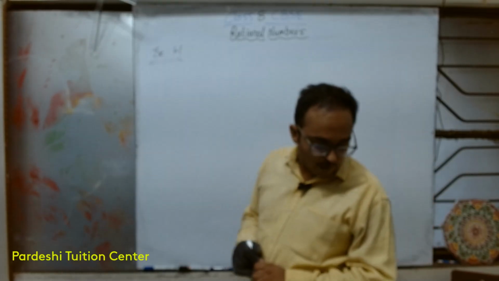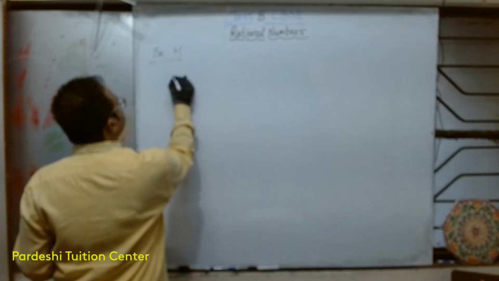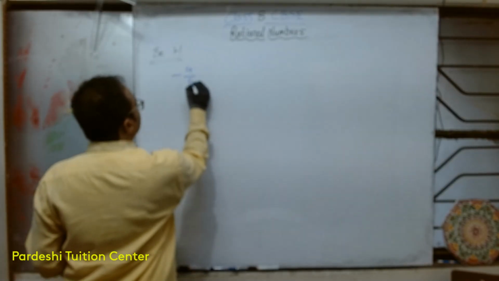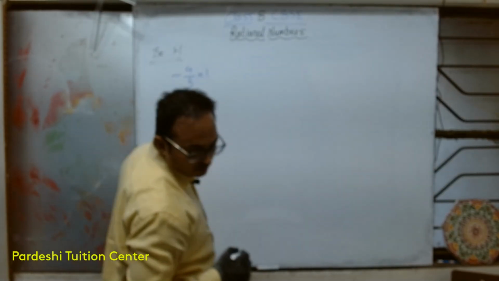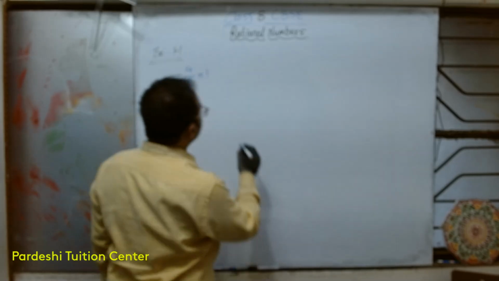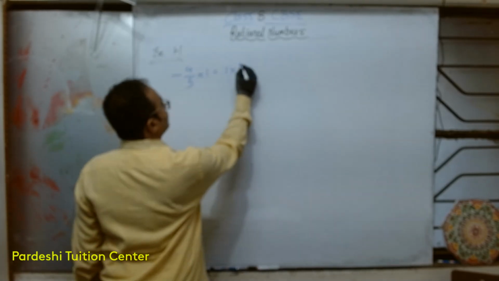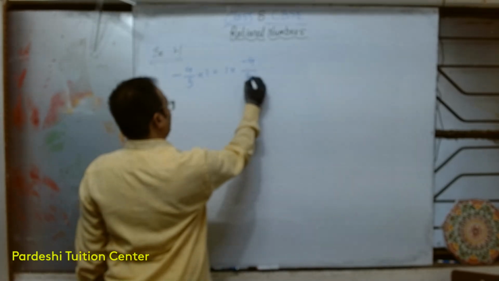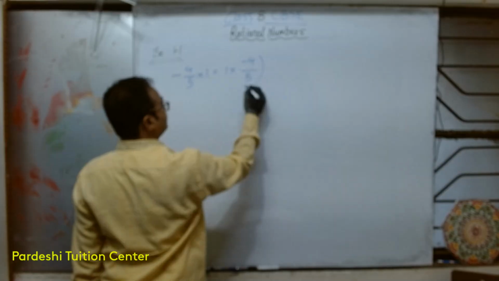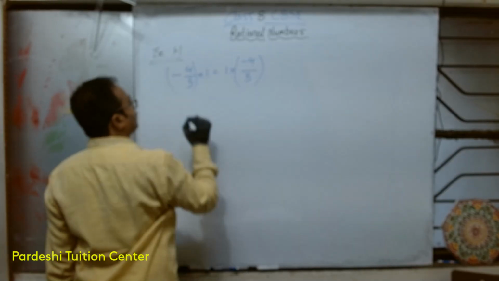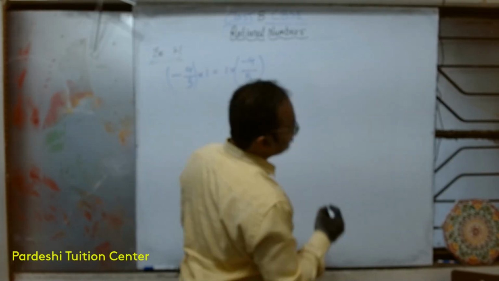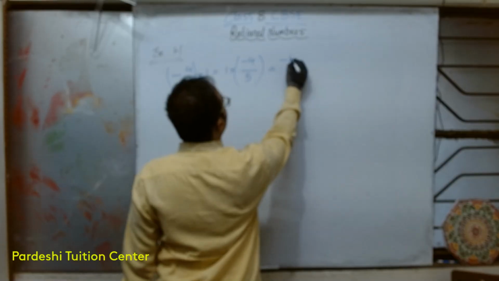Minus 4 by 5 into 1 is equal to 1 into minus 4 by 5 is equal to minus 4 by 5.